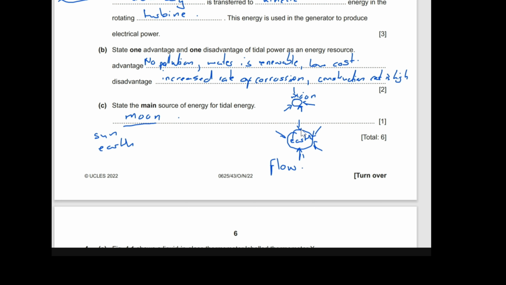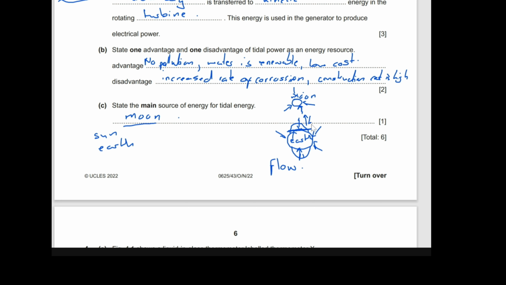The water in the seas on this side is going to experience the force of attraction by the moon, and it will start to move upward due to this force of attraction, and this will cause the tides to rise because it has been attracted by the force due to the moon. Usually here, due to the centrifugal force, there's also an increase in tides.